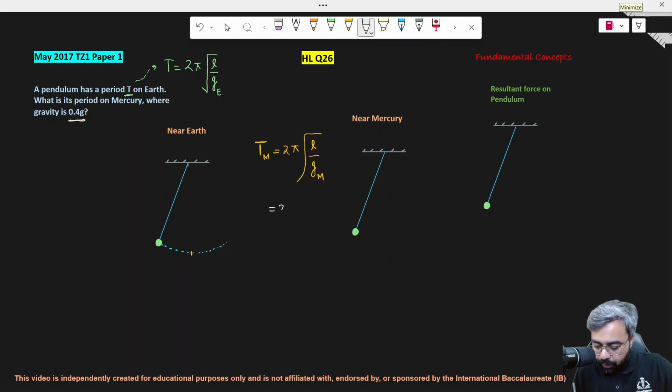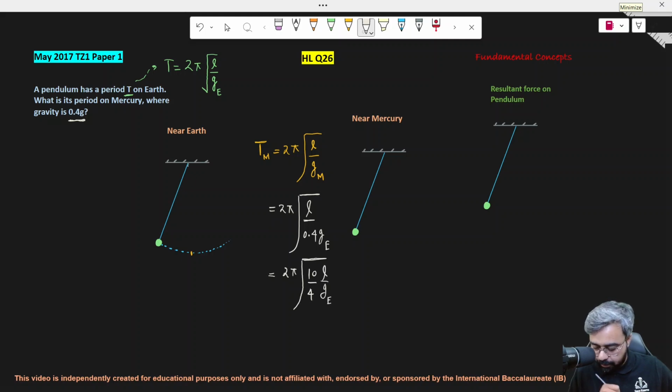Now we will plug in the value of the gravitational field strength in terms of the gravitational field strength of Earth, which is 0.4 times g_E. And you can write 1 over 0.4 as 10 over 4, so 10 over 4 times L over g_E.